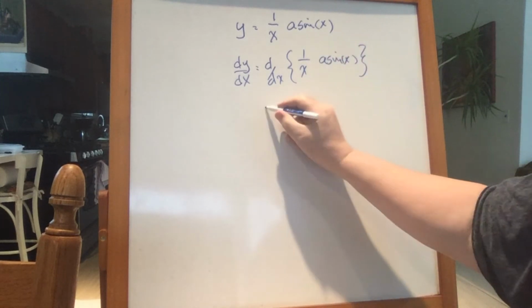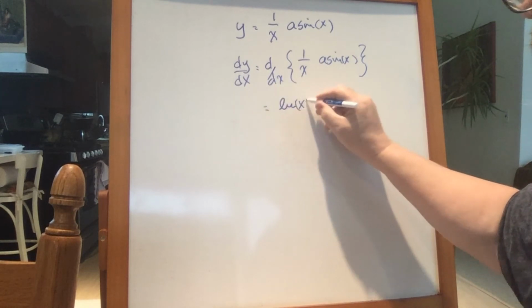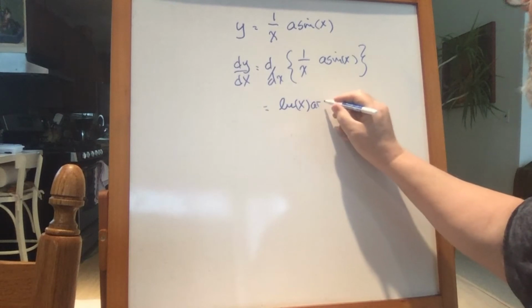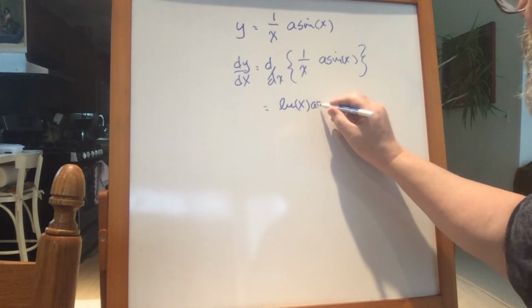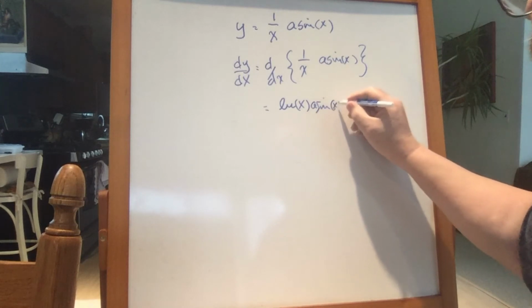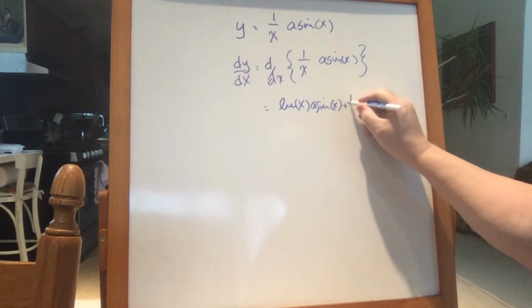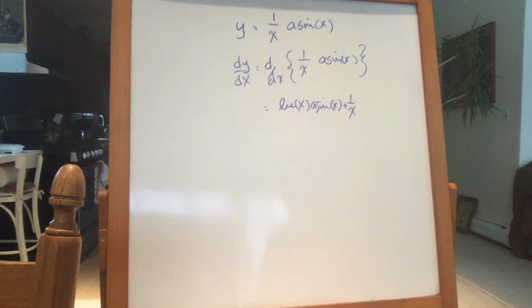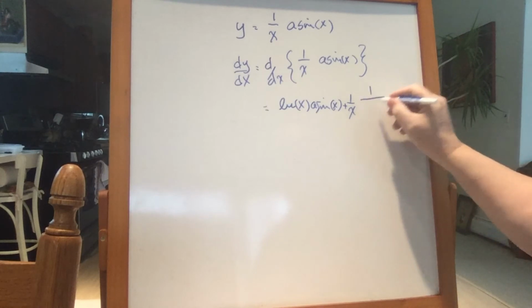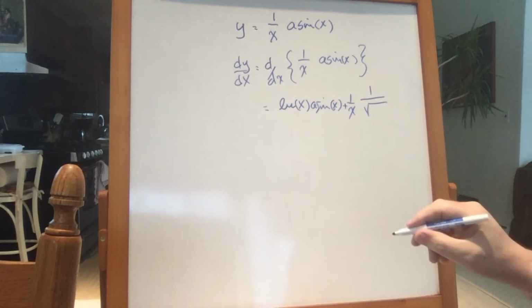And so that is equal to ln x times arc sine of x plus 1 over x times 1 over the square root of 1 minus x squared.